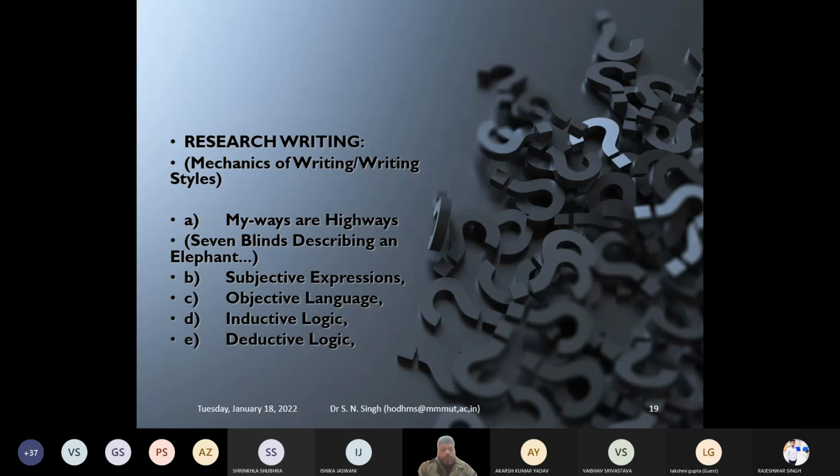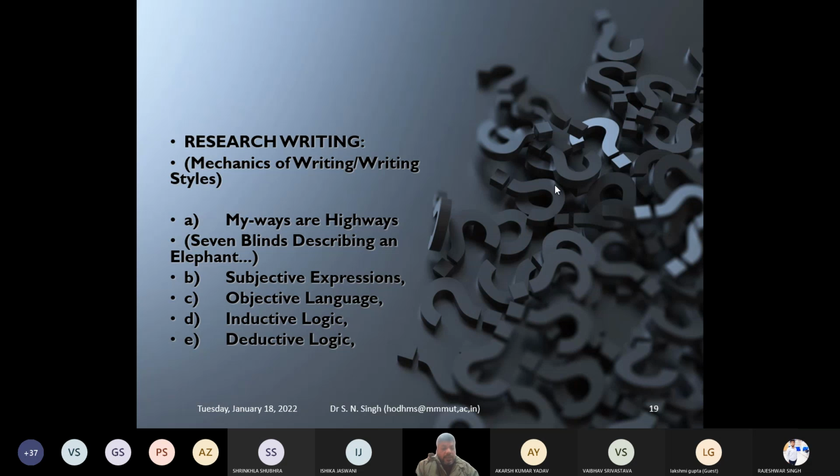Before we go to this part, let me talk about the mechanics of writing and writing styles. There are multiple writing styles that one should be aware of while entering the writing forum.